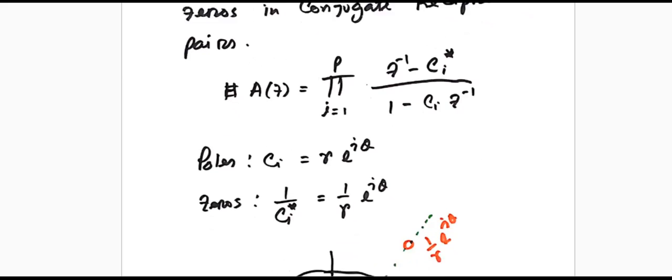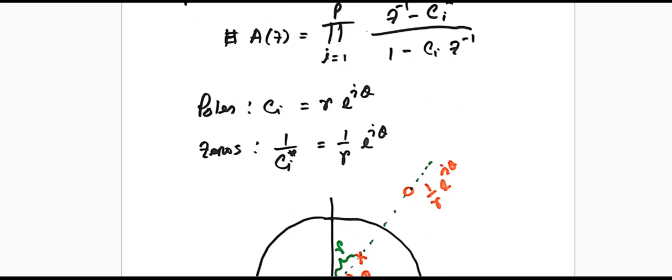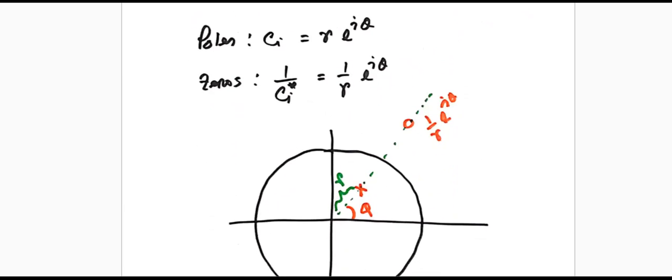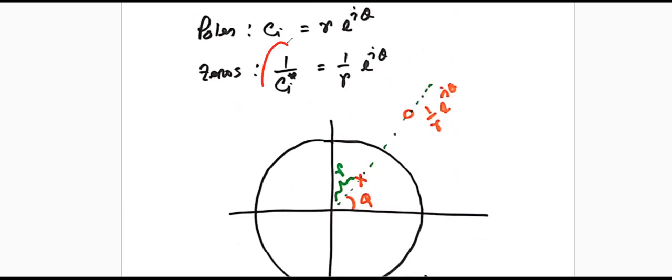Now, what about the zero location? Zero location for what? For a complex pole location. The zero location is 1 divided by c star. So that means we have 1 divided by r e to the power, since this is a complex conjugate, e to the power minus j theta.